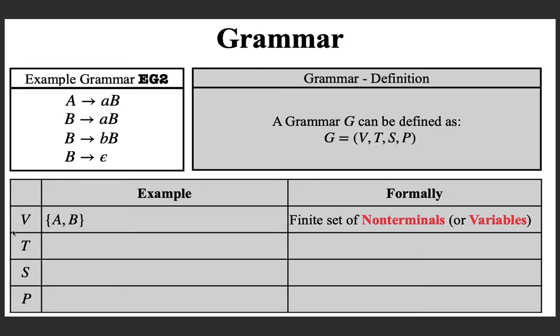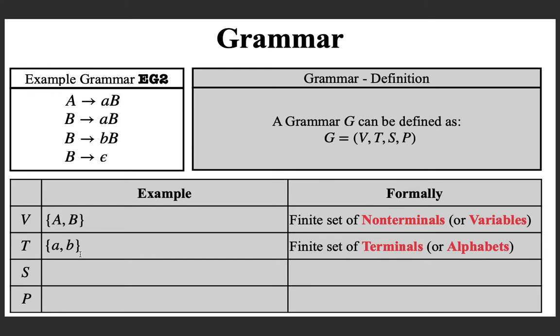And now, what is T? In this example, T is the set {a, b}, and formally it is the finite set of terminals, also called alphabets, and that is why it is called T, the set of terminals.